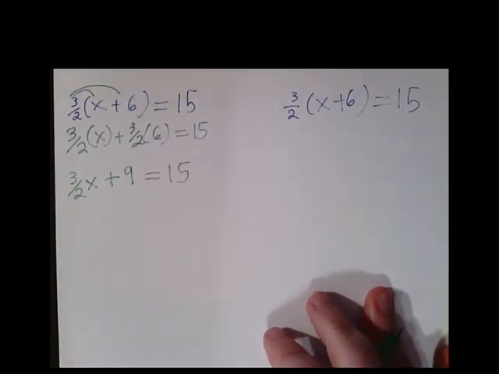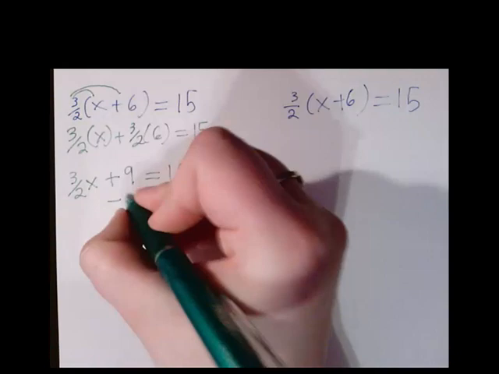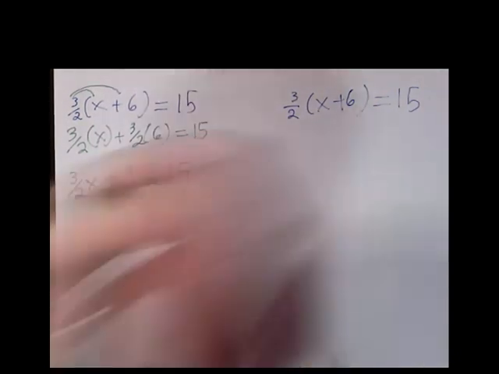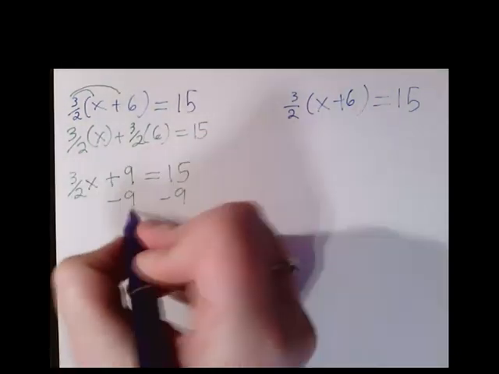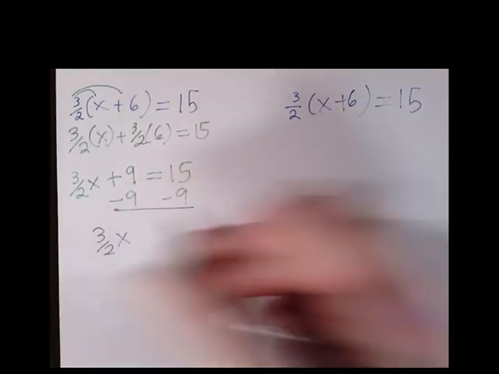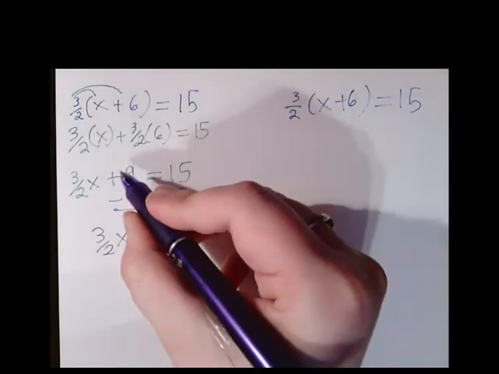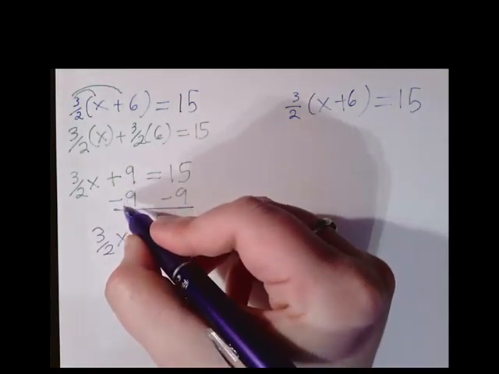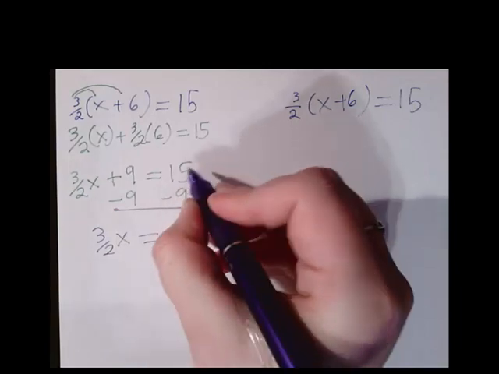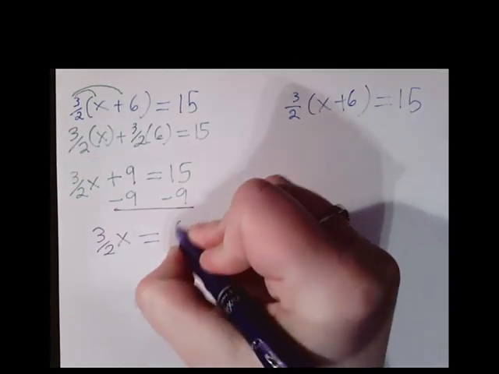All right, so I'm going to do my inverse operation to both sides, starting with addition, subtraction, and I'm going to minus 9 from both sides. So we still have our 3/2 x. 9 minus 9 is 0. Bring down our equal sign. 15 minus 9 is 6.